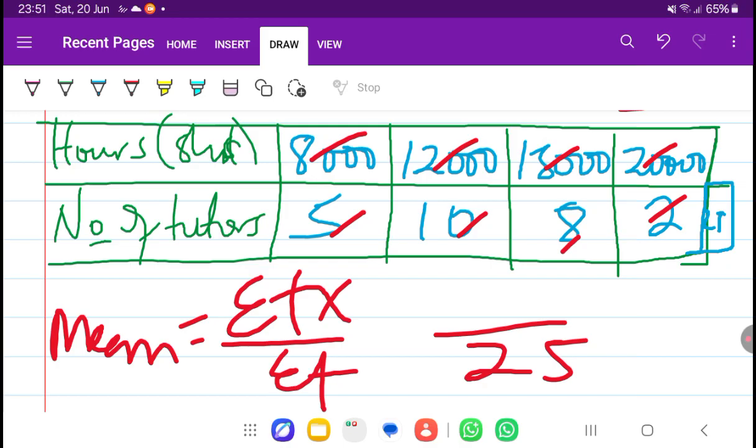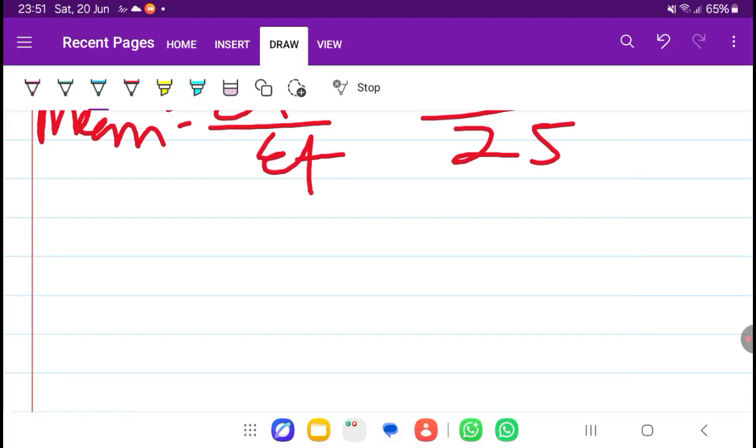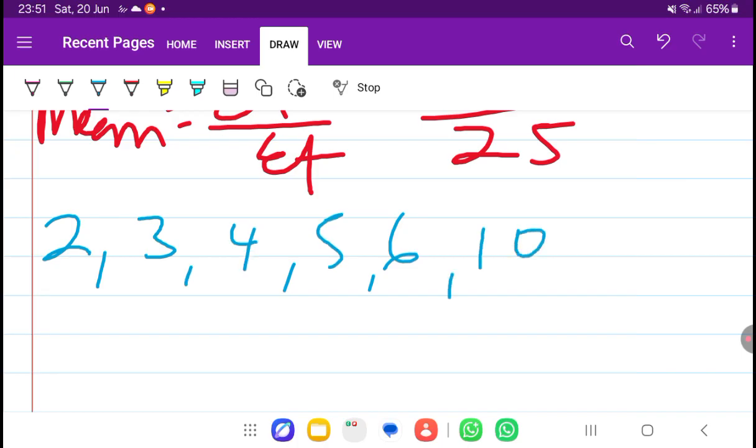Even the data itself can also be arranged in horizontal aspects. They can give you a data set like this: 2, 3, 4, 5, 6, 10, 20. Sometimes they may not even put commas.